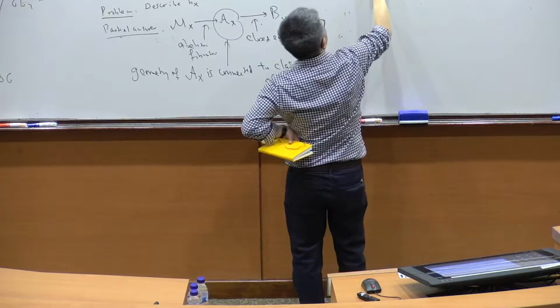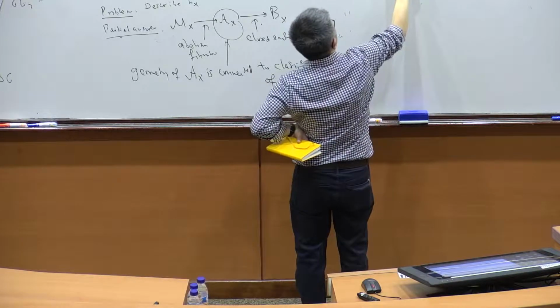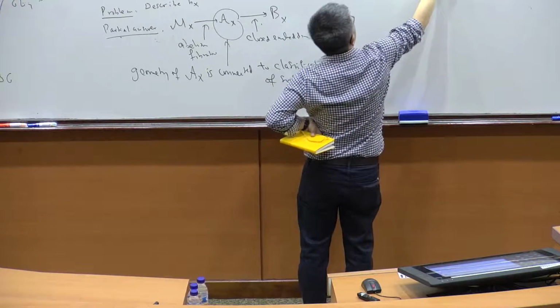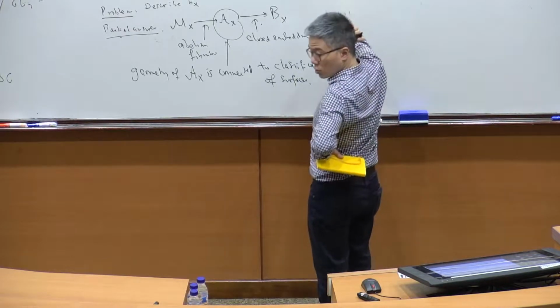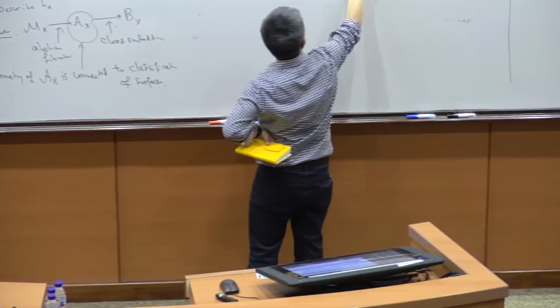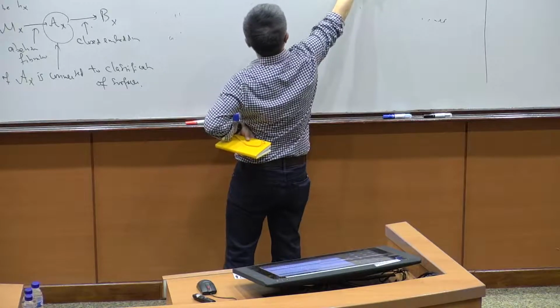Now you have theta_1 to theta_d, commuting endomorphisms of V, so theta_i theta_j equals 0 in commutator.